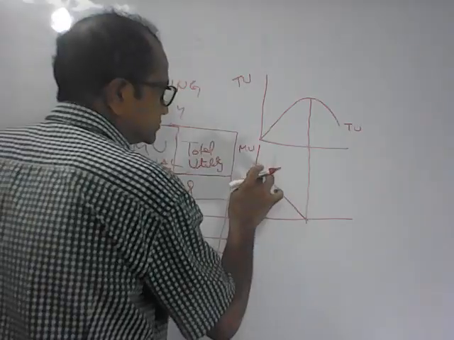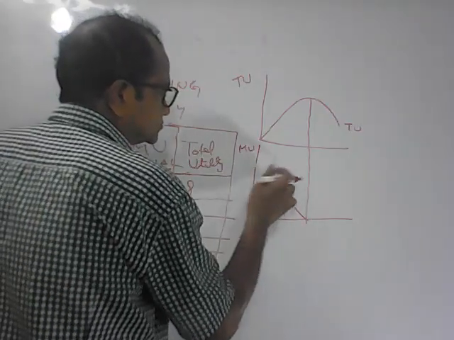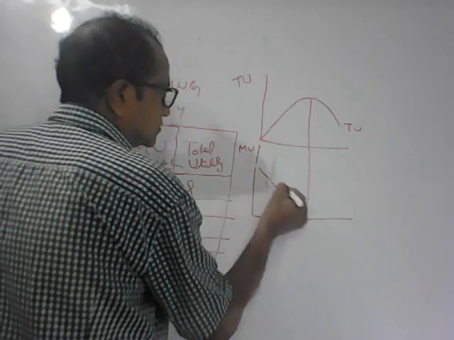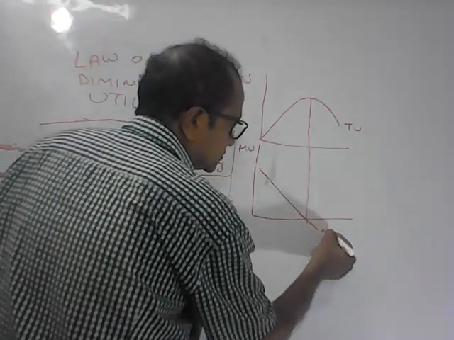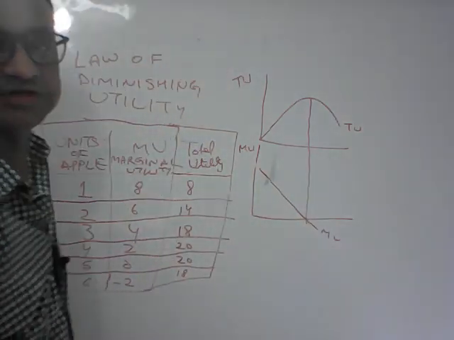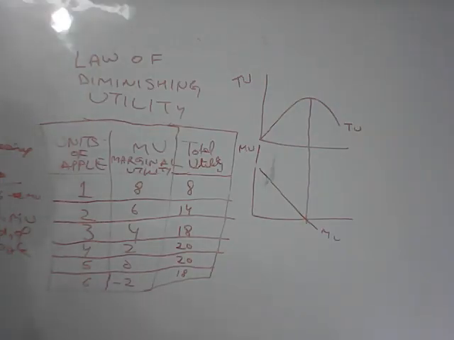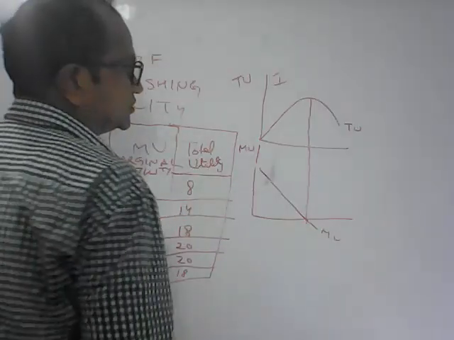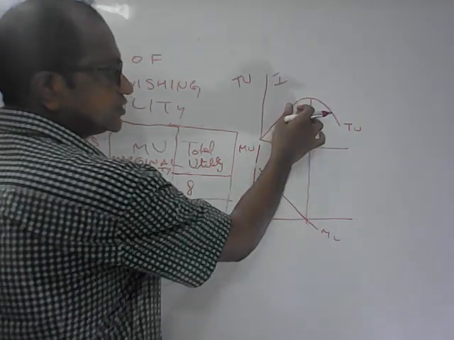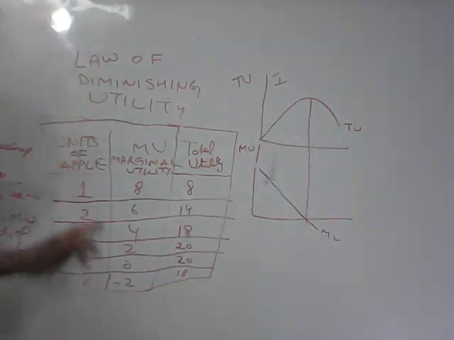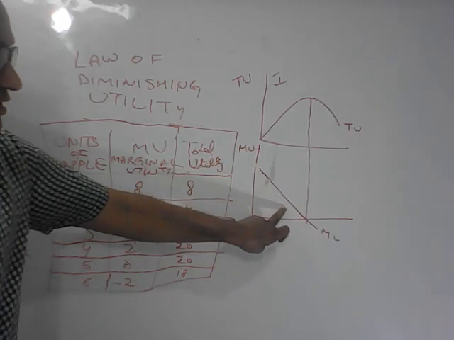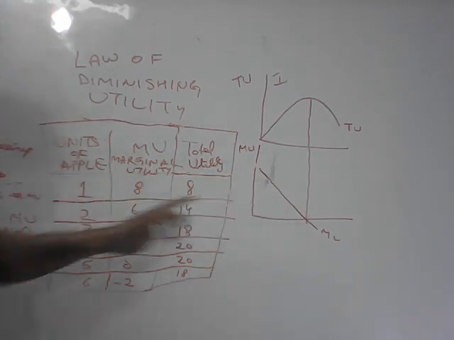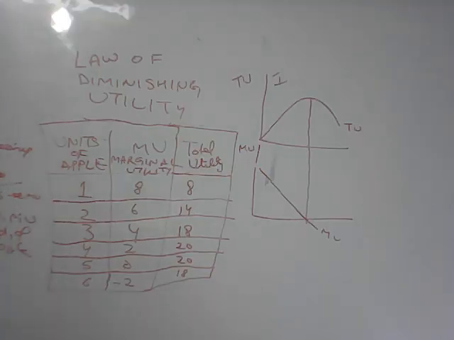And there are particularly 3 stages which are coming. This is the first stage in which the total utility increases when the marginal utility is decreasing, as in the previous diagram we had done.